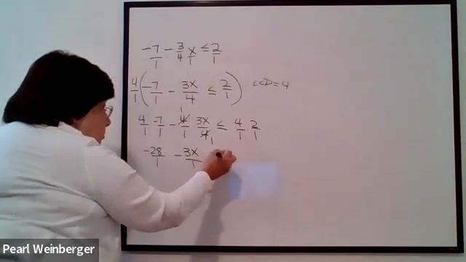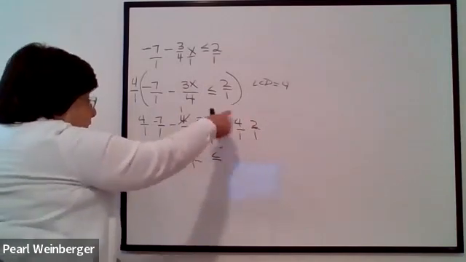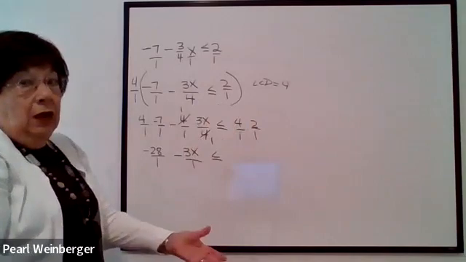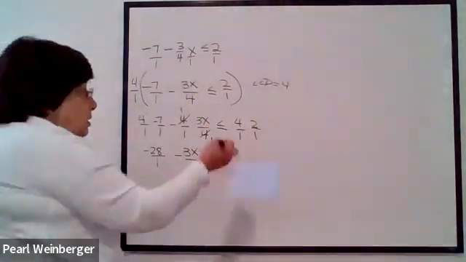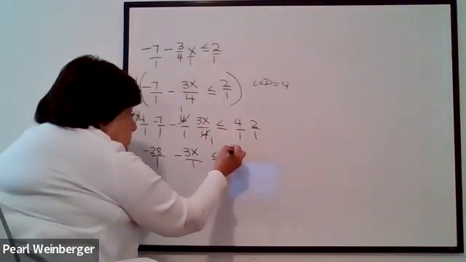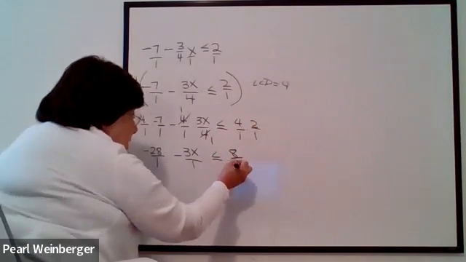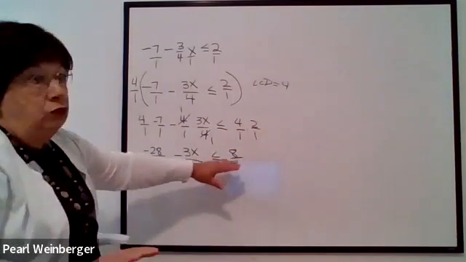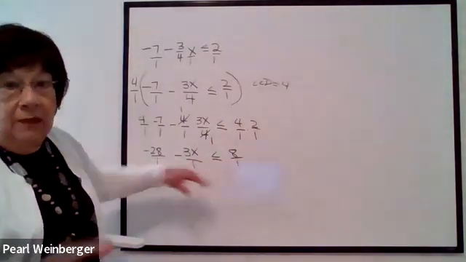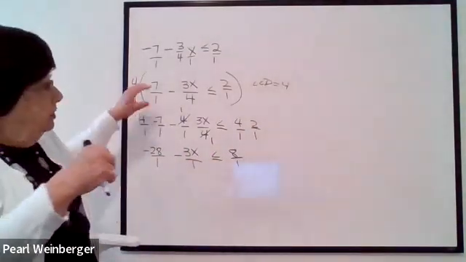And that's less than or equal to, again, nothing to cancel out because the denominators are already 1. 4/1 times 2/1 gives us 8/1.